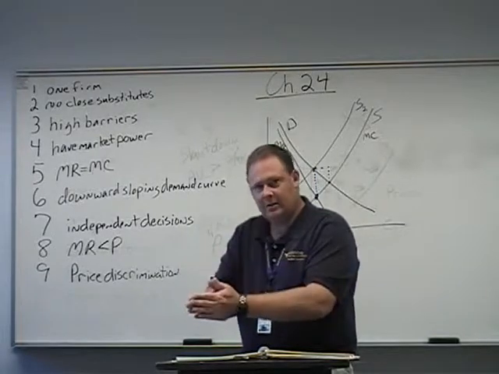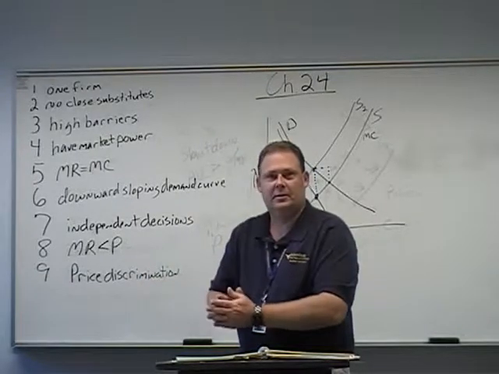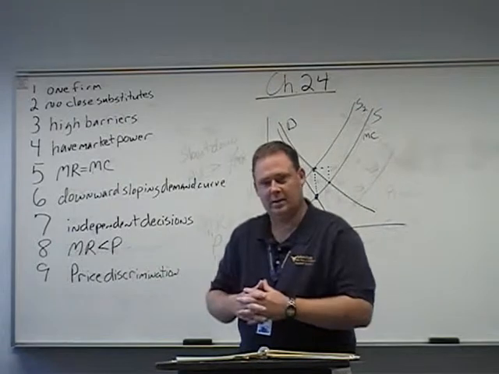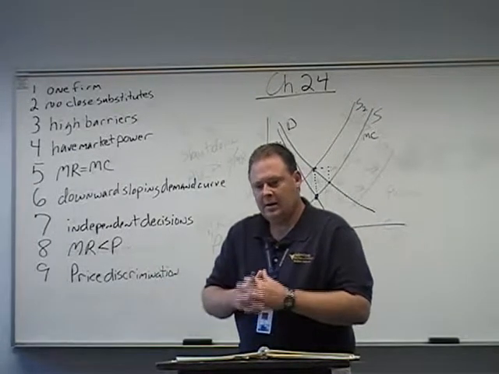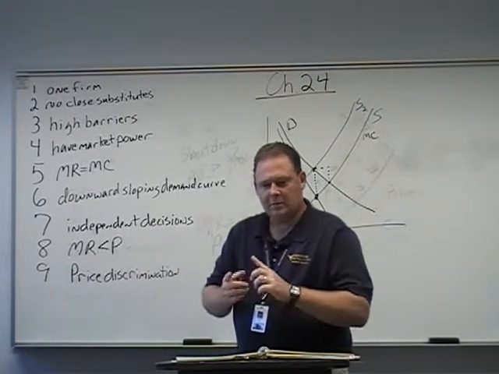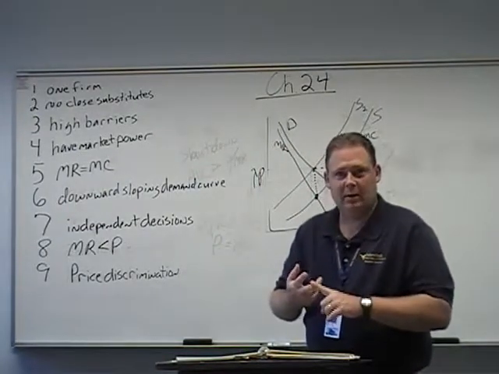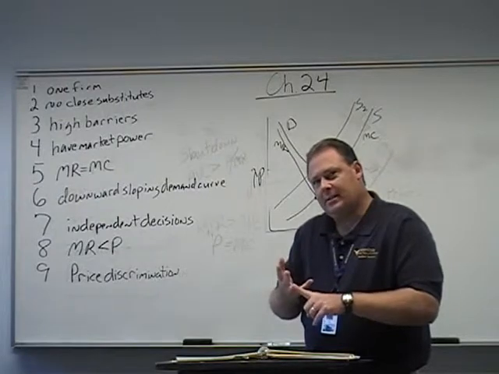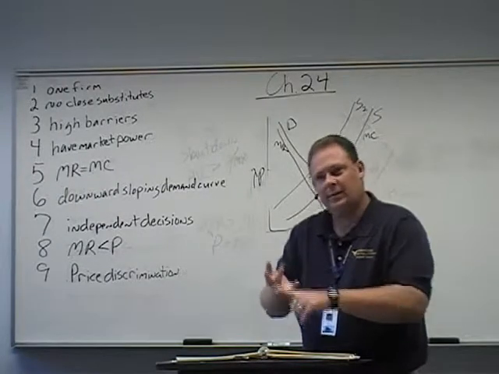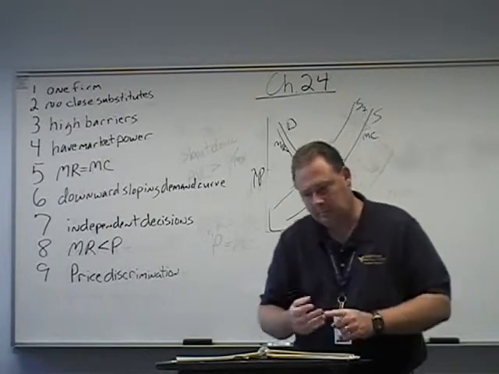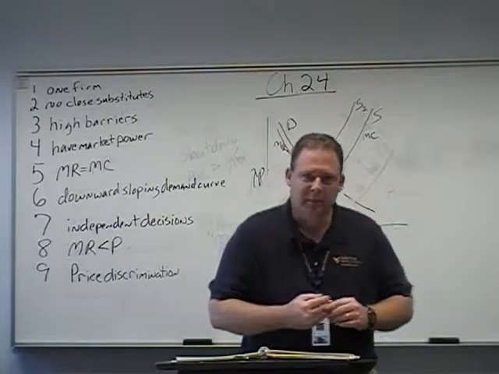You either use it or you do without. Things of that nature are what are considered monopolies. And we're going to talk further in this chapter about what makes monopoly power, what constrains monopoly power, and why monopolies think they should be able to live, and counter arguments to that. And that'll all come up in the next section.